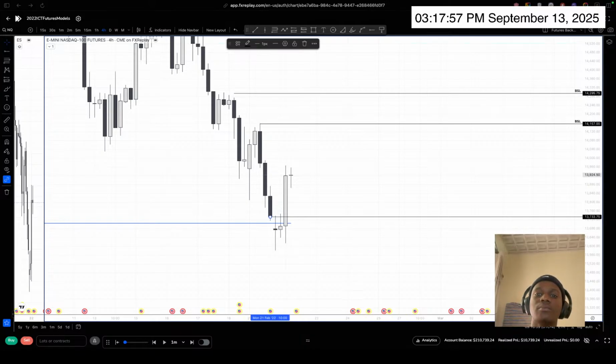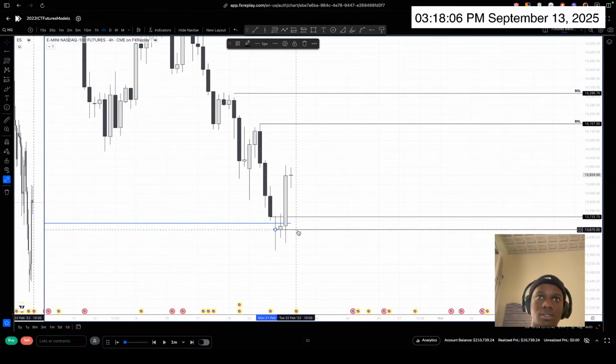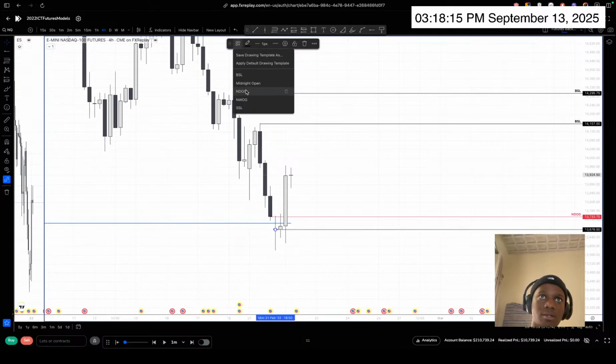Okay. Now this here is a new day open gap as well. So here we have a new day open gap from here to here. It's a new day open gap. Same thing here.